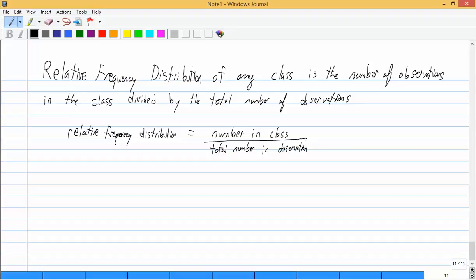If you think of it, it's really just like a part divided by total.